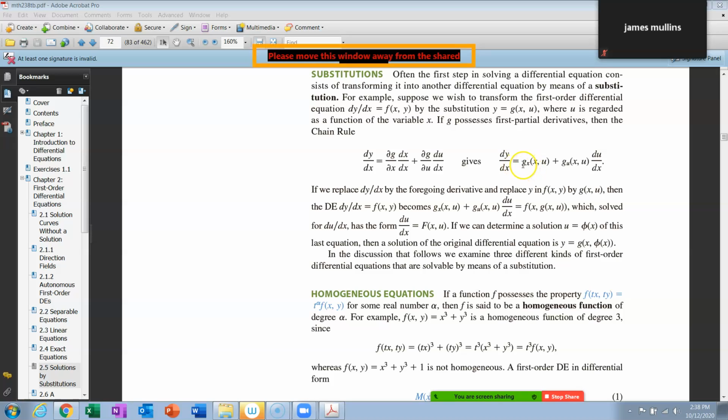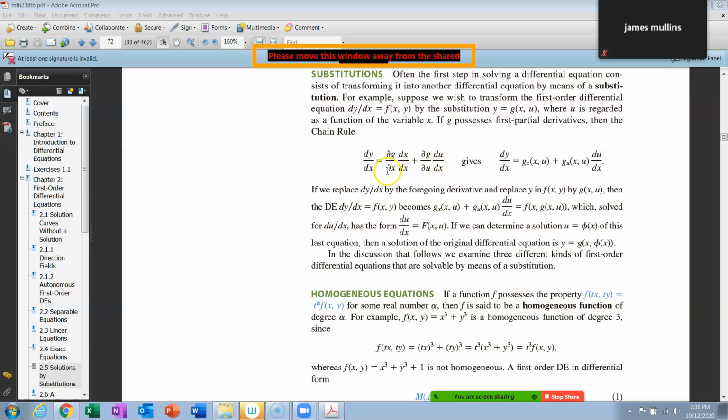That's the partial derivative of g with respect to x of x, u, plus g sub u, that's this term here, times du/dx. Now this is an ordinary derivative. These are partial derivatives. If we replace the dy/dx on this side with the dy/dx over here, then the differential equation that we started with becomes this one.